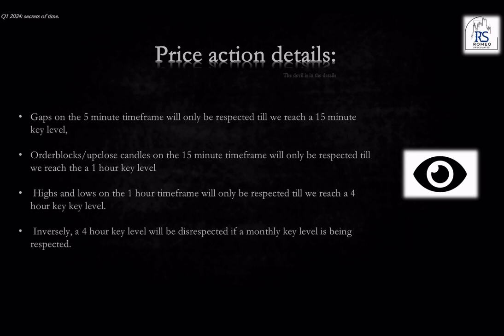Right? And really ponder over that. Ponder over the fact that every entry of smart money is an exit of smart money, and every exit of smart money is an entry by smart money.